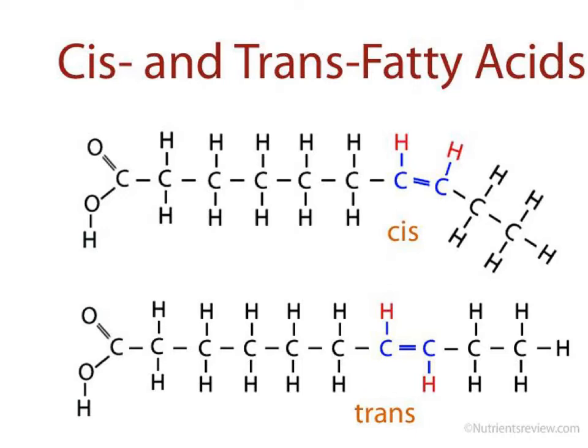One option is that both hydrogens are pointing up in the same direction. You see that? The other option is that 1 hydrogen is pointing up, 1 hydrogen is pointing down. Cis means same, and trans means different.